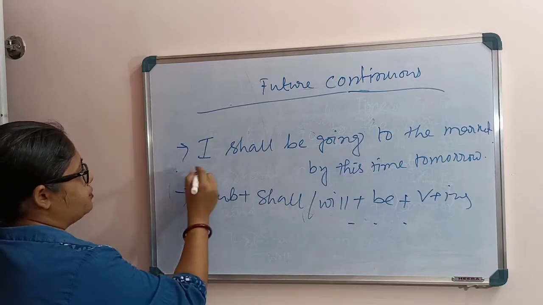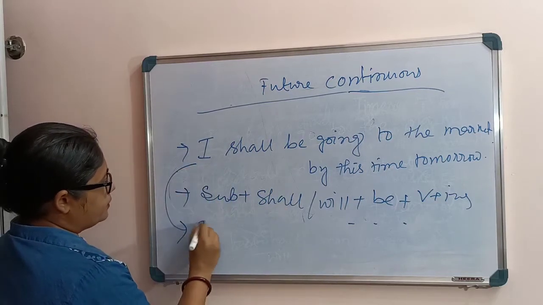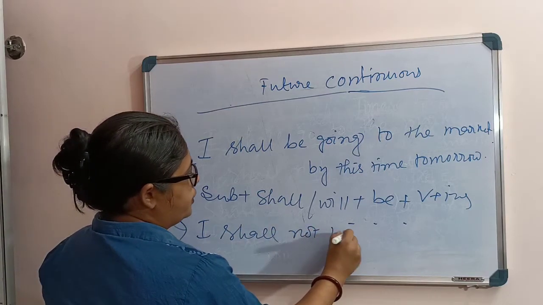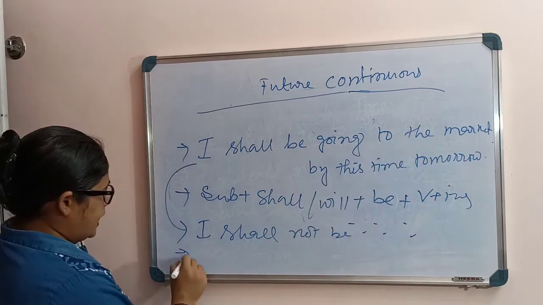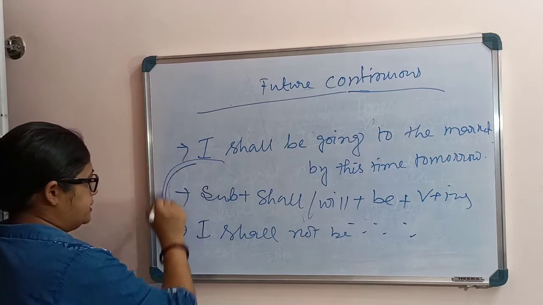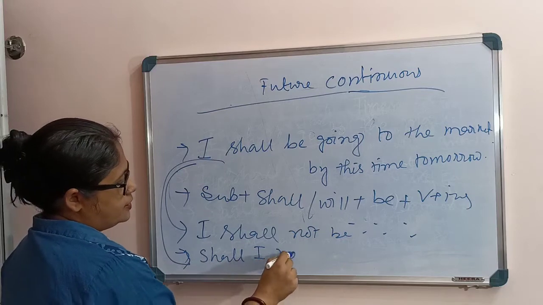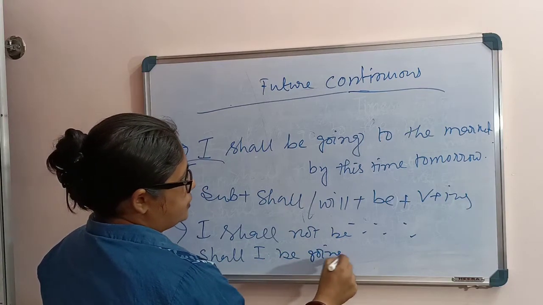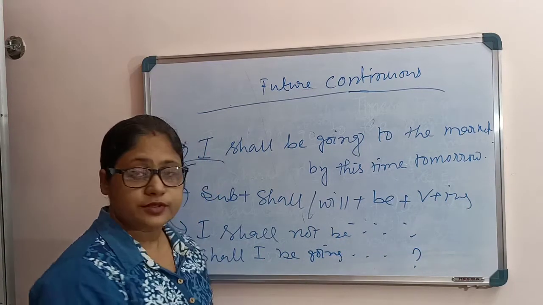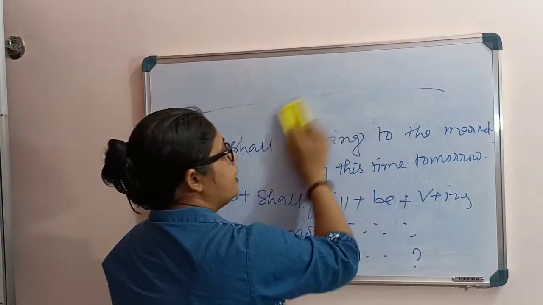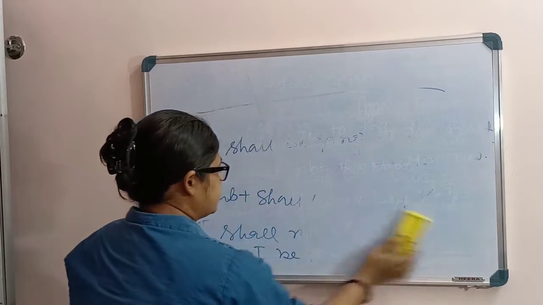Now if we have to make it negative, the same rule is applicable: I shall not be going, and so on. And in order to make it interrogative, the shall will come first: Shall I be going to the market by this time tomorrow? So this is the sentence structure for simple future and future continuous.